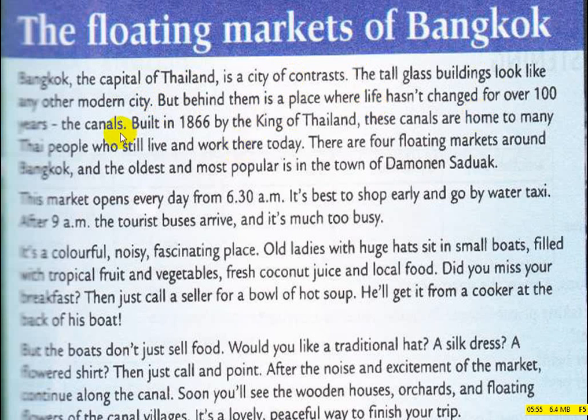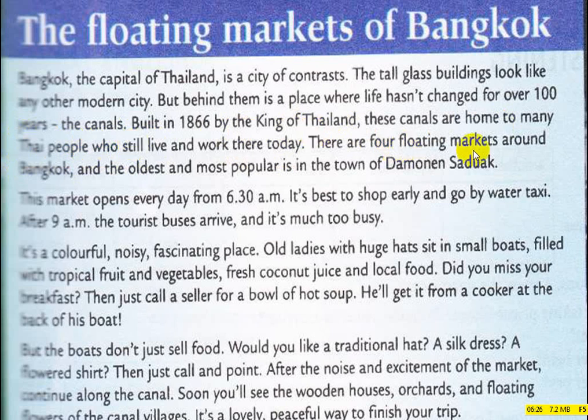The canals. Built in 1866 by the King of Thailand, these canals are home to many Thai people who still live and work there today. Thai here refers to the nationality of Thailand, so Thai people.